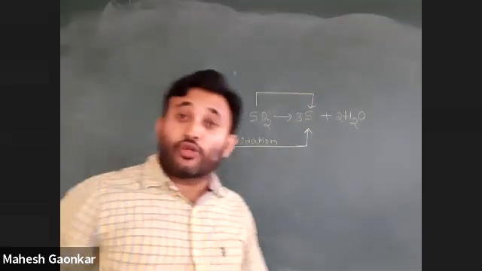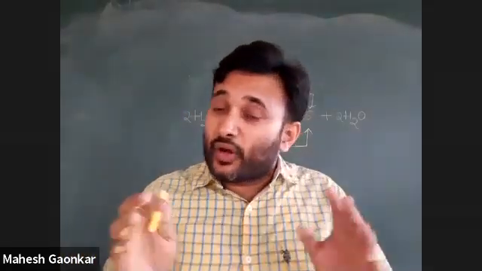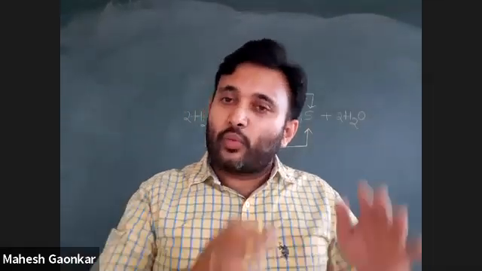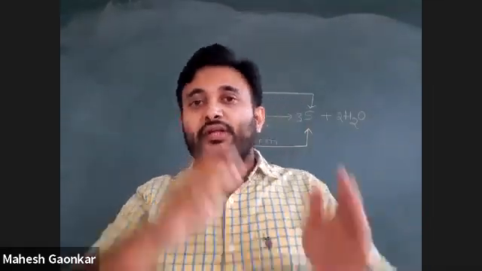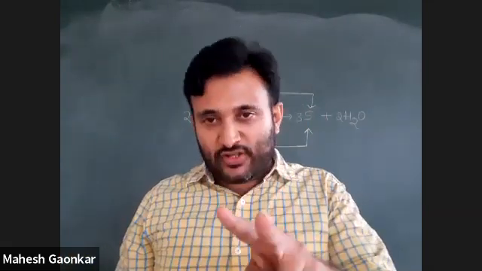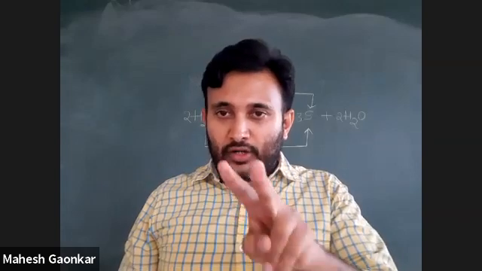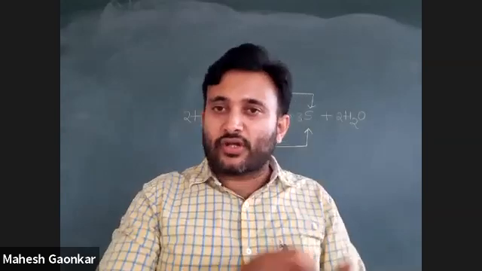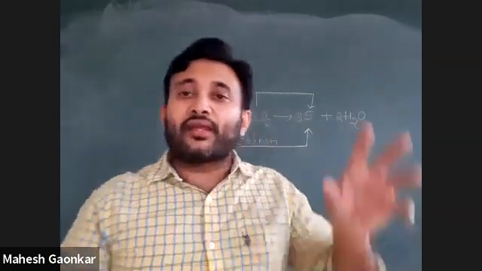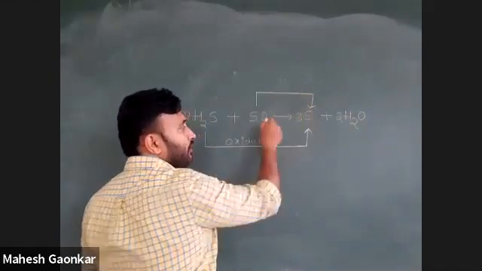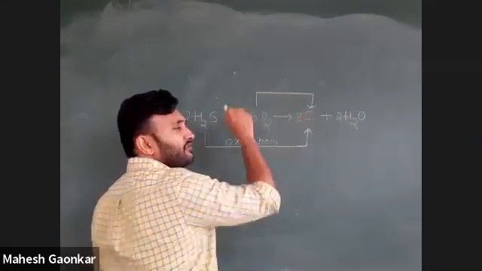It is not necessary that the one undergoing oxidation should give one product and the one undergoing reduction should give another product. No. There are two different species, one undergoing oxidation and the other undergoing reduction. Both can give the same product. Here SO2 is losing oxygen atoms and forming sulfur.